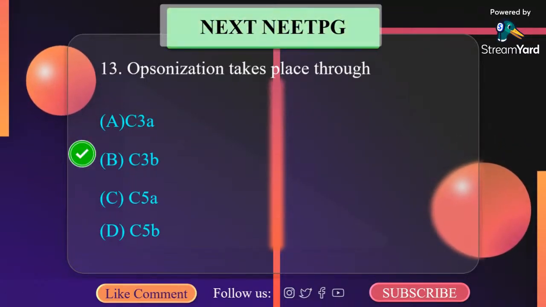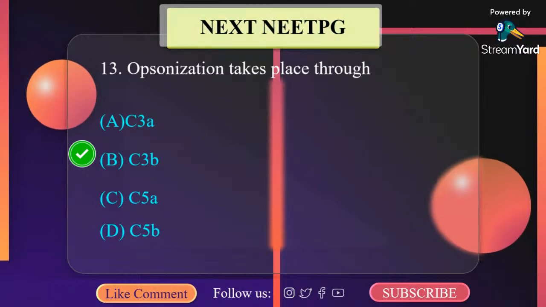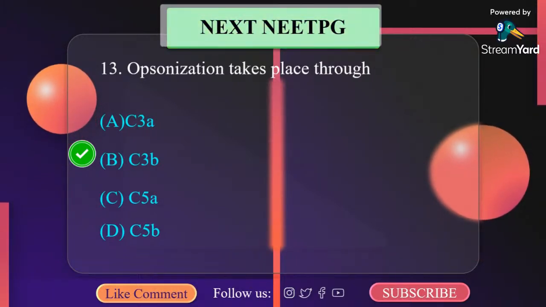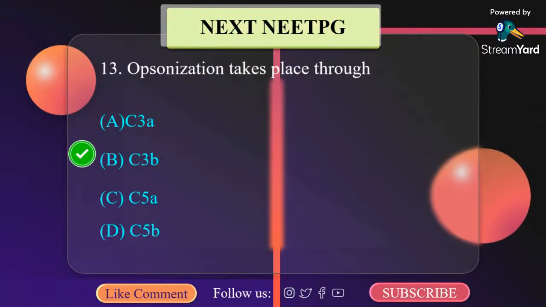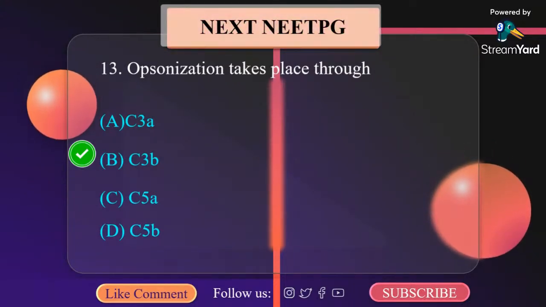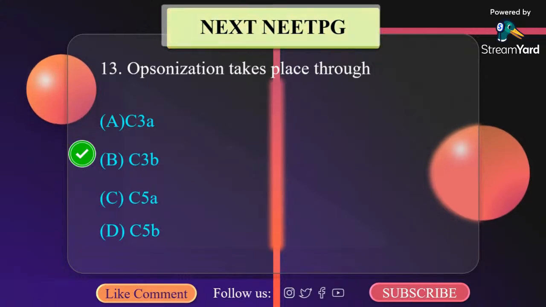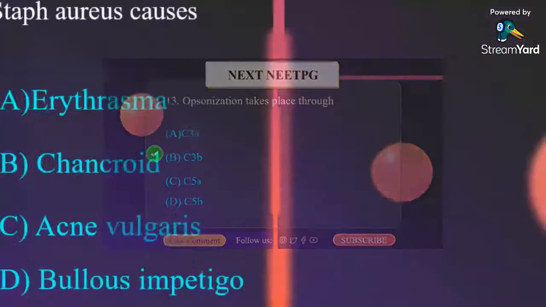Correct answer is C3b. C3b molecules act as opsonins. Always remember C3b molecules act as opsonins.